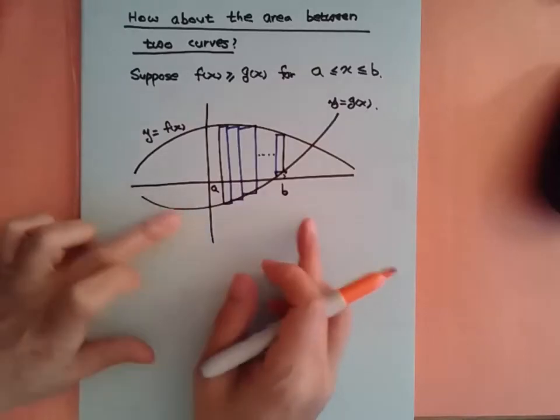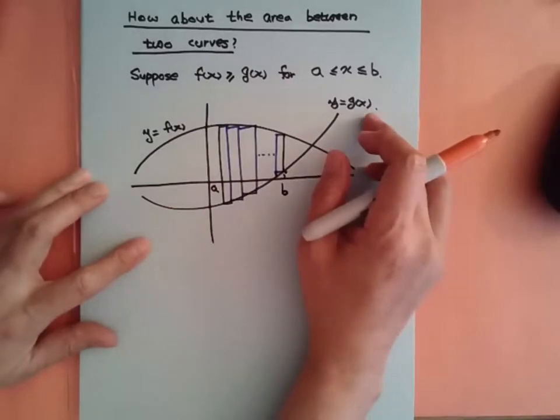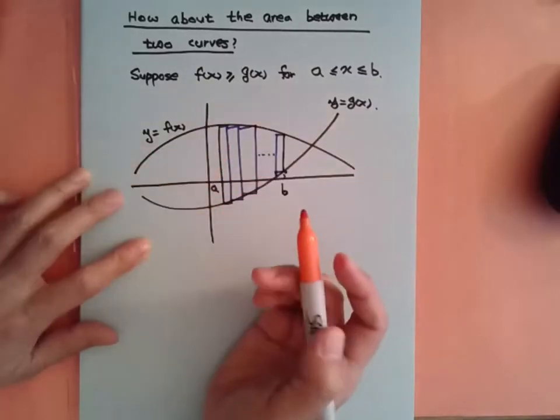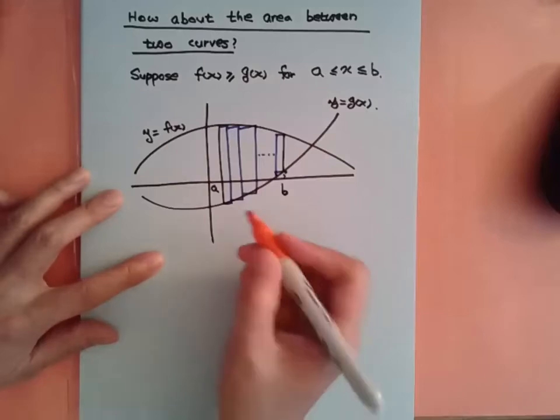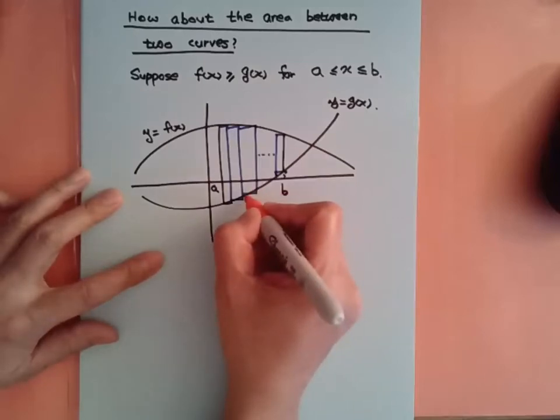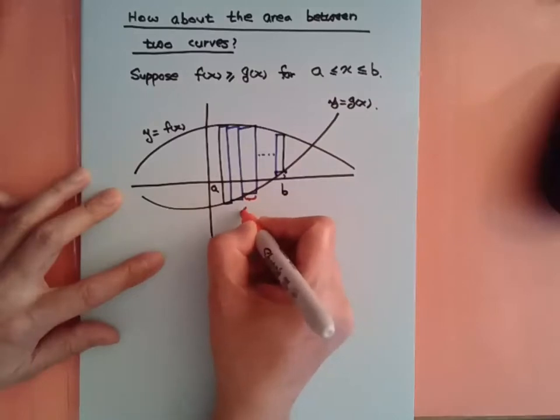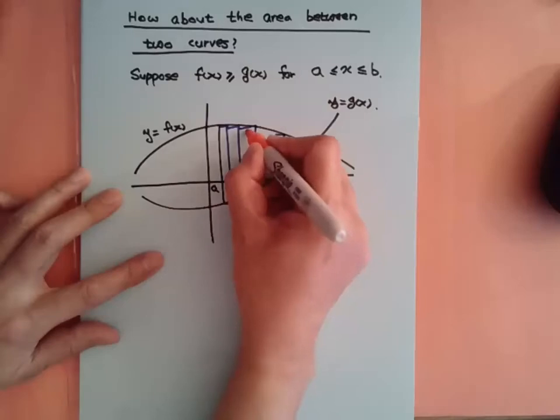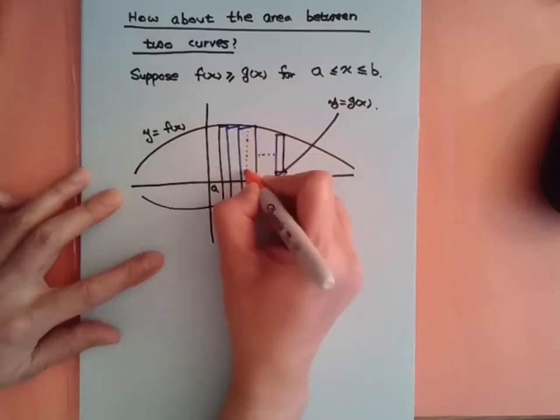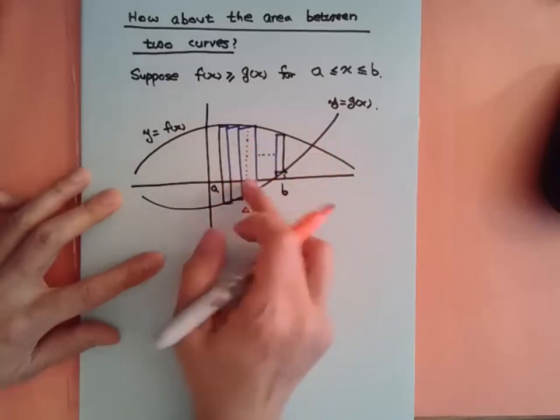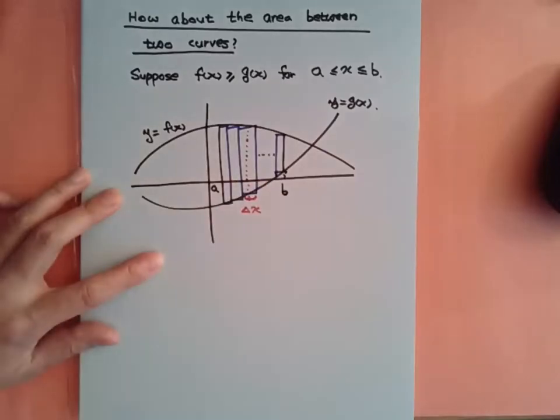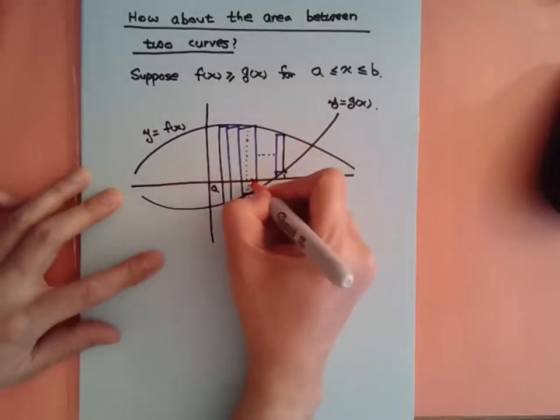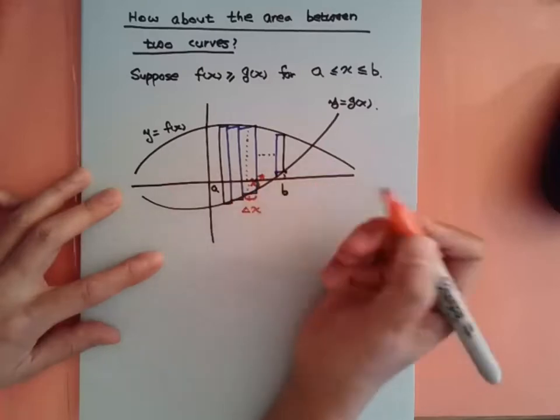Between a and b, g of x is smaller than f of x. And when we think about the width of each rectangle, that can be expressed as delta x. And we pick any random point between these 2 points and denote it as xi star.